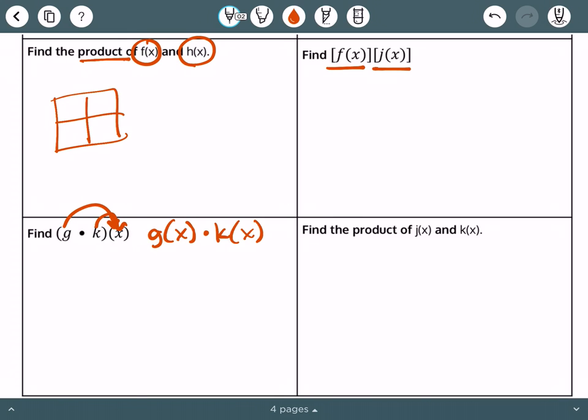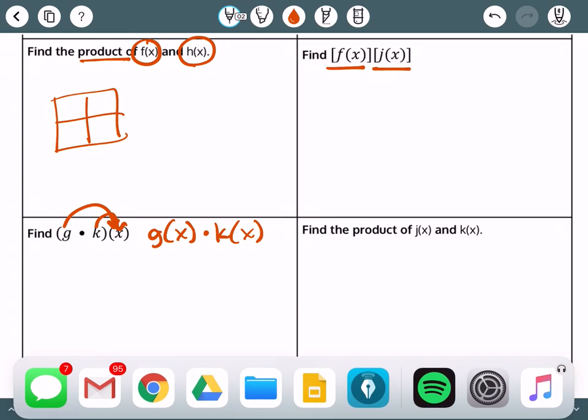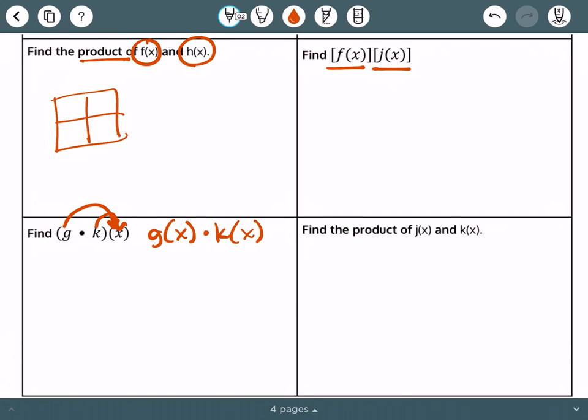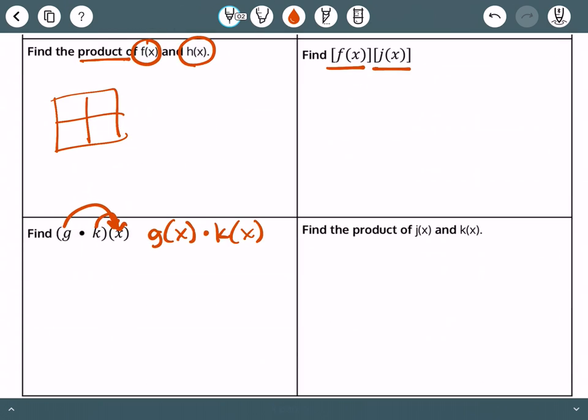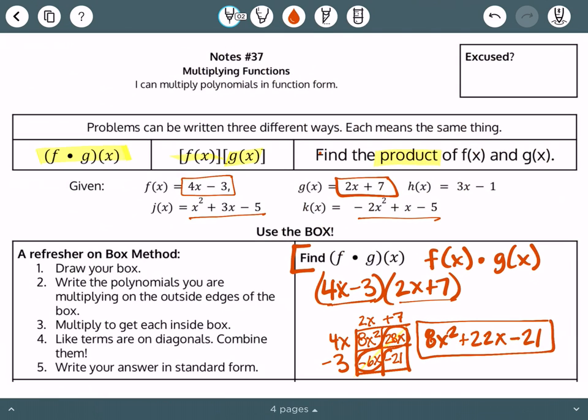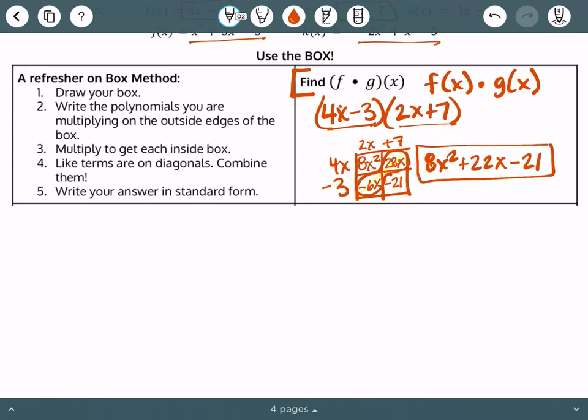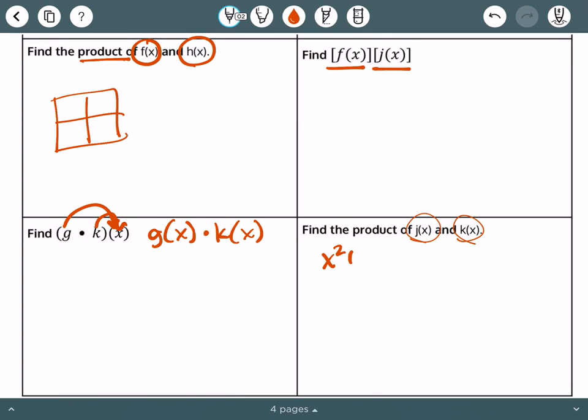regular box again. But as they start to get bigger, so for example, h or j and k, both of those equations are longer, so you're going to have to expand your box. So let's try the last one, j times k. So I'm going to look at j. j is x squared plus 3x minus 5.